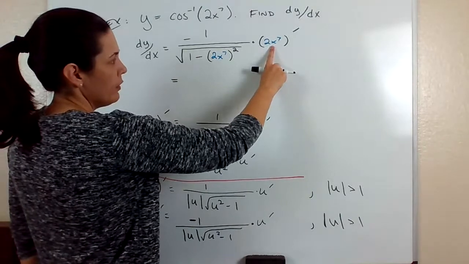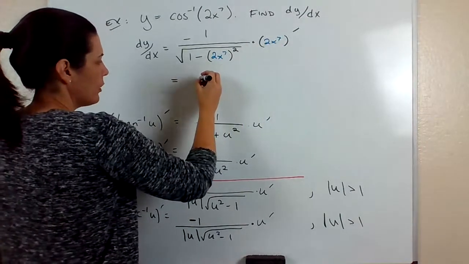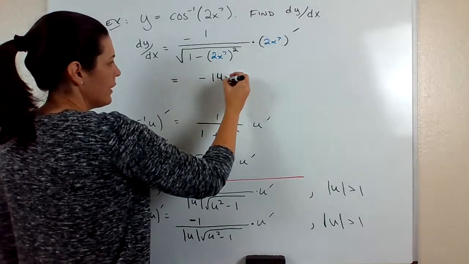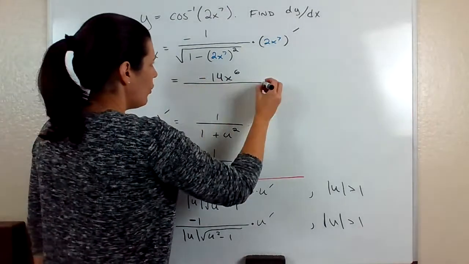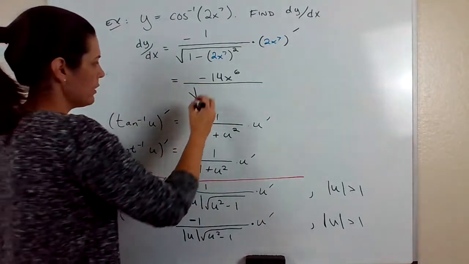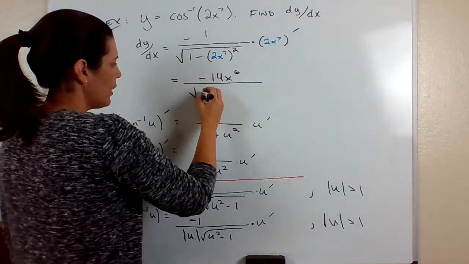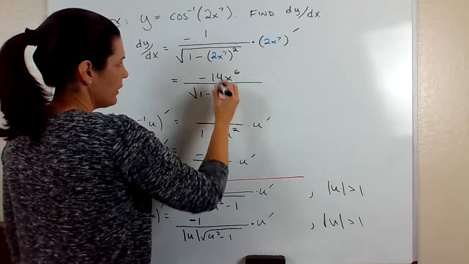Okay, and so making this look a little better for our final answer. This derivative here, using your power rule, bring down the 7, it's going to be 14. So on the top, -14, and then your new power is to the 6th, so x to the 6th. Over, and there's not much we can do on the bottom other than simplify slightly inside our square root: square root of 1 minus 4, because we're squaring the 2.